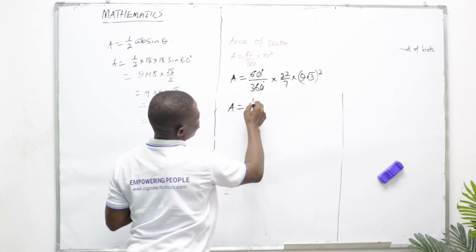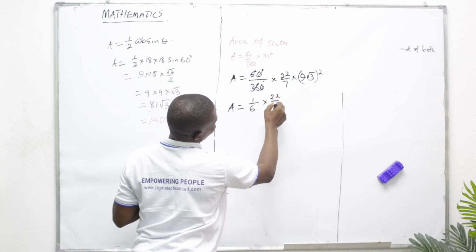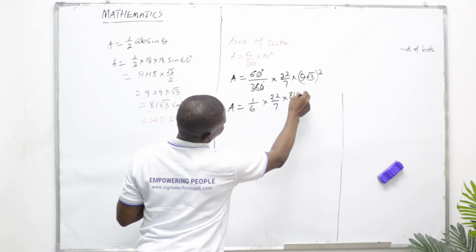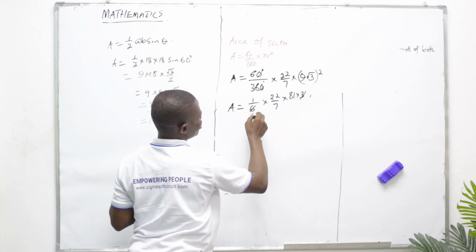Okay? So area equals 1 all over 6, multiplied by 22 over 7 times 81 times 3. 3 here, 1, 3 here, 2.